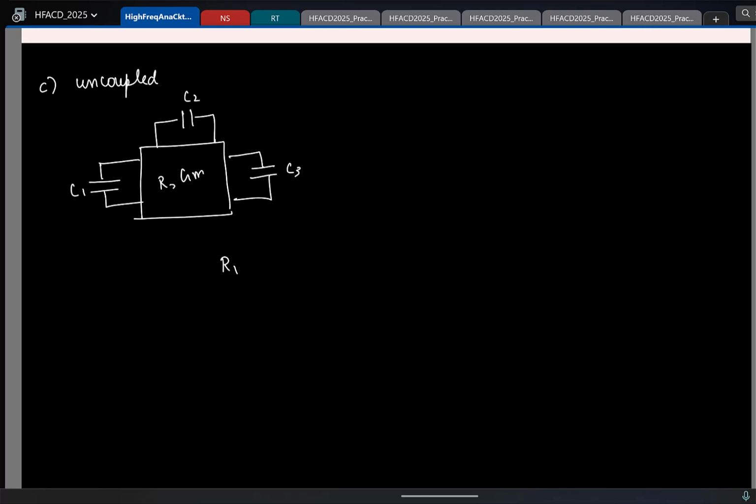If for all possible combinations you find that this resistance R1 is the same, irrespective of whether you open C2, short C2, open C3, short C3, and all combinations of these, then you can say that this one is uncoupled from the other two. Which means you can write the pole location as exactly 1 by C1 times the resistance it sees.